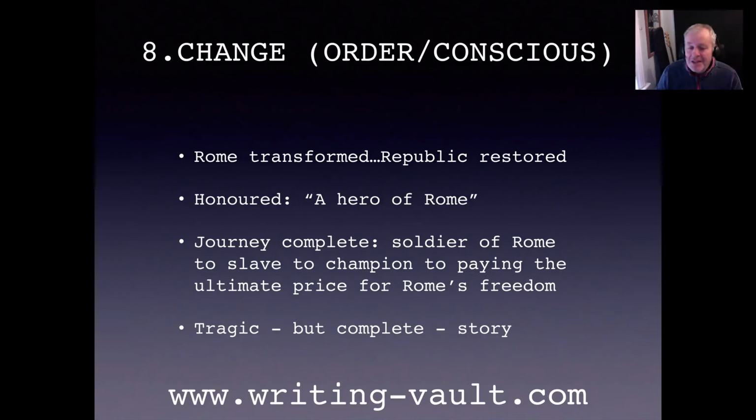So Maximus dies in the story, and obviously that's tragic, but the story feels complete, and we feel a sense of vindication, and despite his death we feel uplifted, and the story feels like the circle has come all the way around.